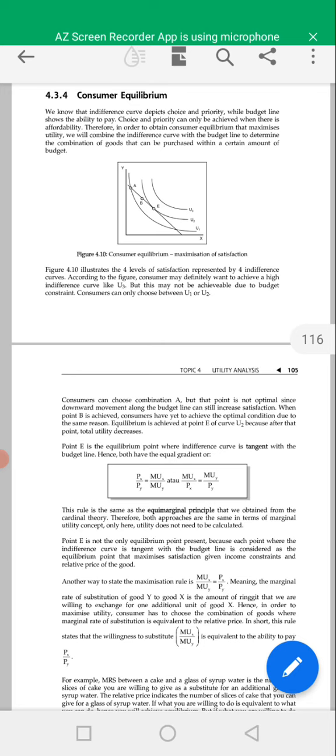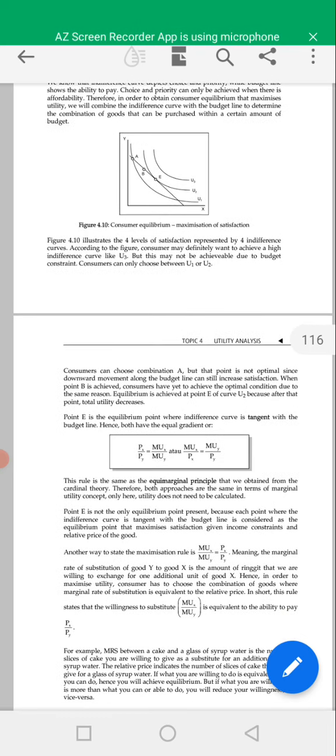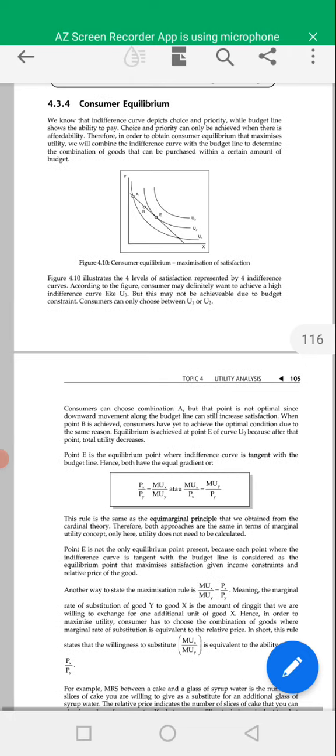So now the question is, at which point is this consumer in equilibrium? Which bundle does the consumer get to choose in order to be considered at the state of satisfaction? You can see from the diagram that you have points A, B, E, and you are yet to choose which one is the consumer's maximizing bundle.